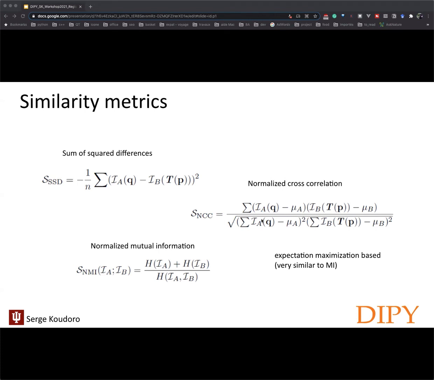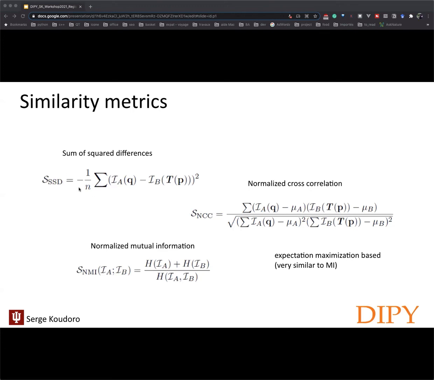But how do we choose our similarity metric? There is a large number of similarity metrics in medical imaging. There is no right image similarity metric, but a set of metrics that are appropriate for a particular application.